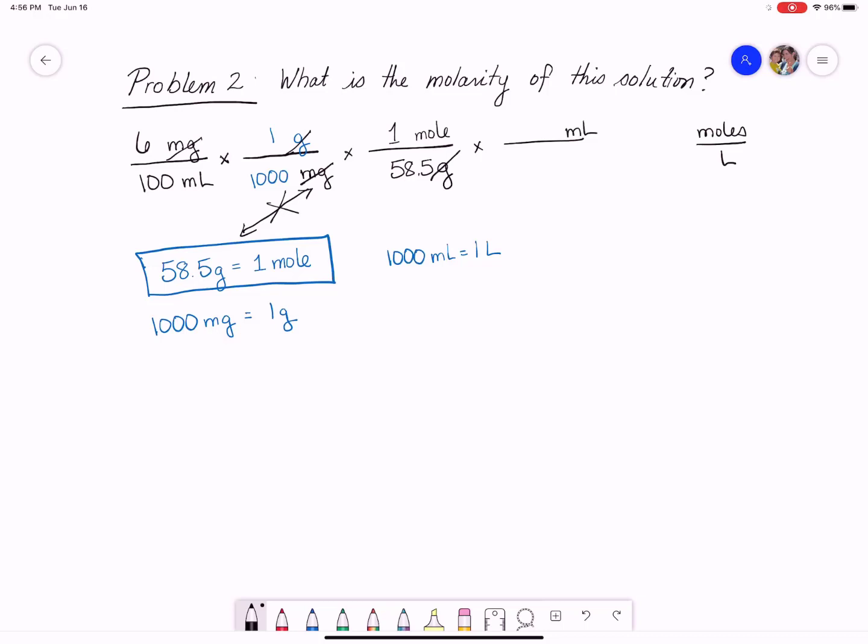I'm going to have 1,000 on the top, 1 liter on the bottom, my milliliters cancel out, and I am finally at moles per liter. If you go ahead and multiply all of this out, you'll have 6 on the top. I'm canceling out the thousands here. So you'll have 6 on the top and 58.5 times 100 on the bottom, and that equals 0.00102 moles per liter, or molarity.